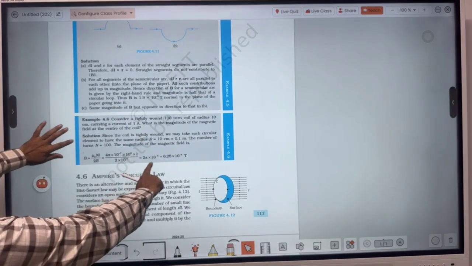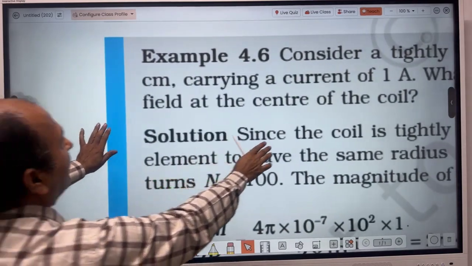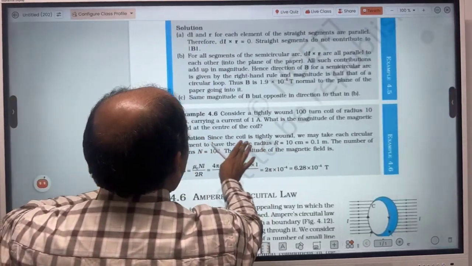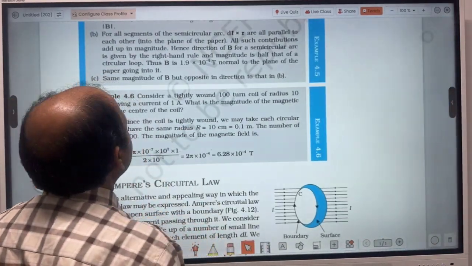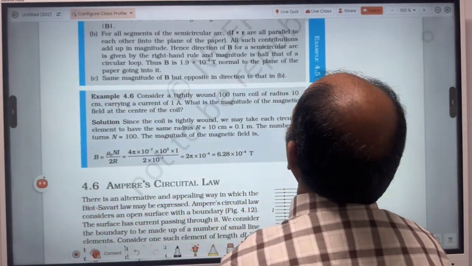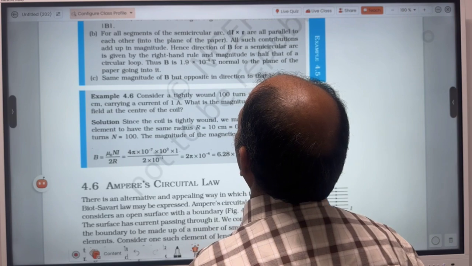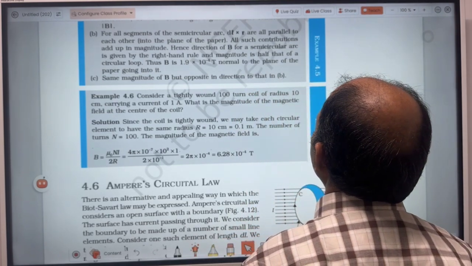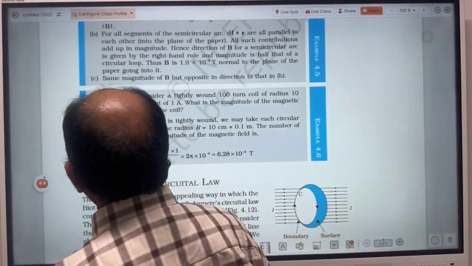Now let's take another example. The example says, consider a tightly wound 100 turn coil of radius 10 cm carrying current of 1 ampere. What is the magnitude of the magnetic field at the center of the coil?